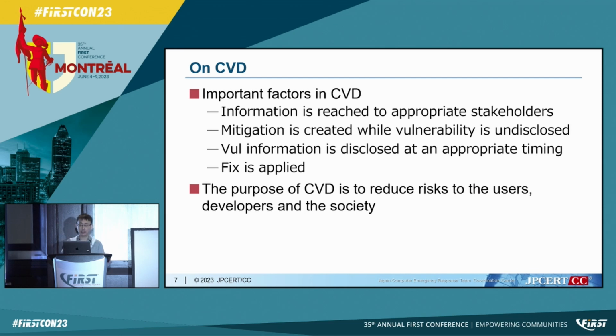And this is because if the information is leaked when there's no mitigation, patch, or update for the issue, then it becomes a 0-day, where the vulnerability and information are public, but there's no fix or countermeasure for it. So that is the issue. So this is very important as well.